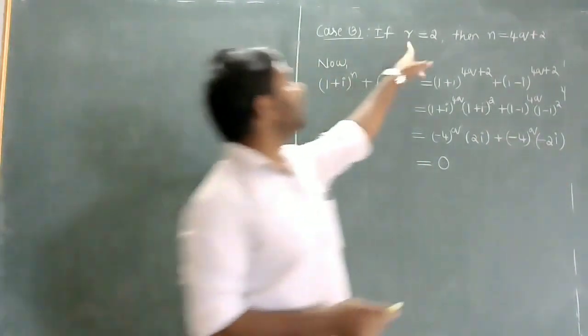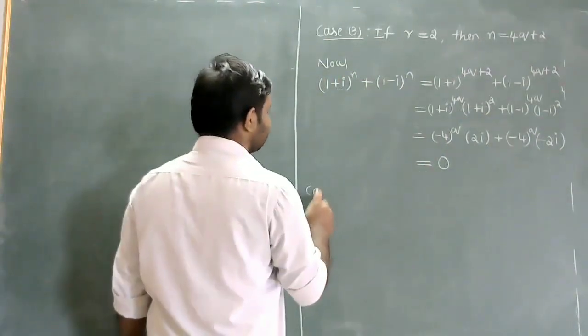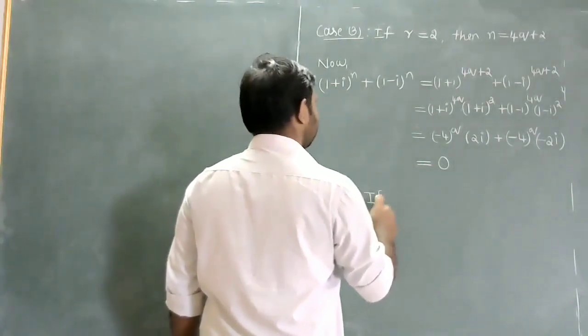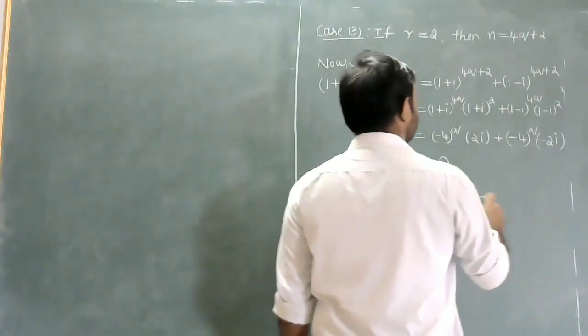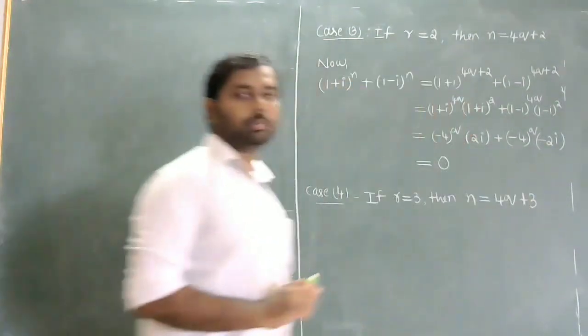So whenever the remainder is 2, the value of this number is 0. Now the last case, that is case 4: if remainder is 3, then n takes the value 4q plus 3.